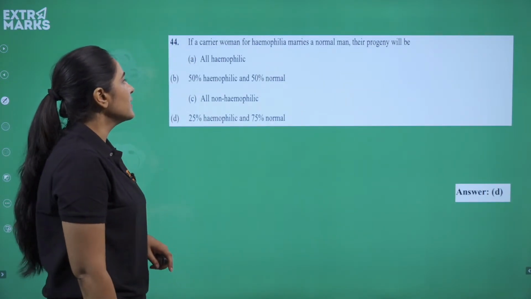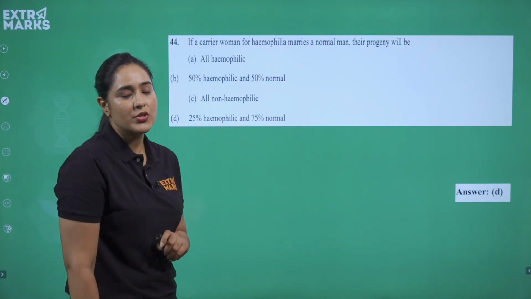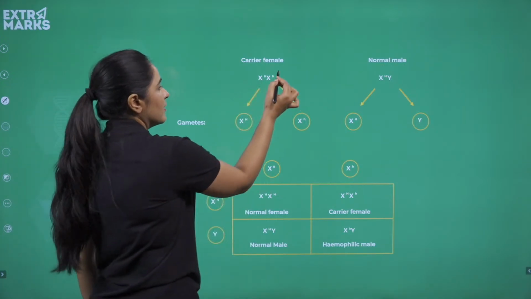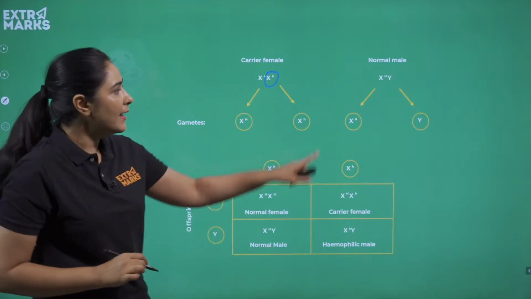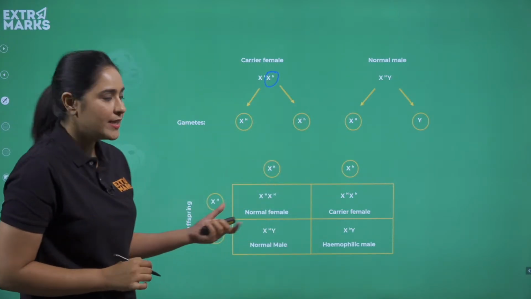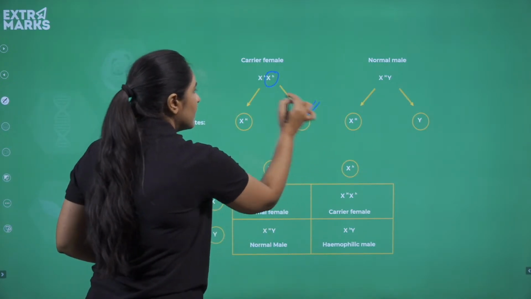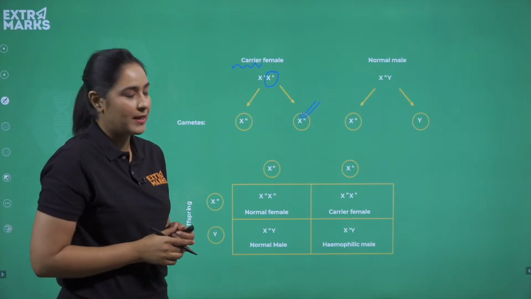Another question, if a carrier woman for hemophilia marries a normal man, their progeny will be. As we can see here, the carrier female having here the mutant allele and the normal male. They have married here. They are having the gametes. Mutant one is here as she was the carrier, not the hemophilic female.